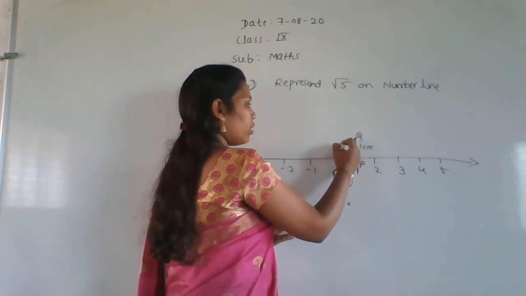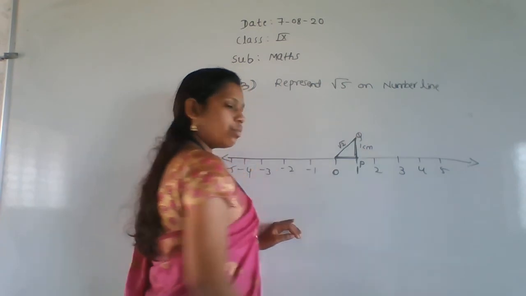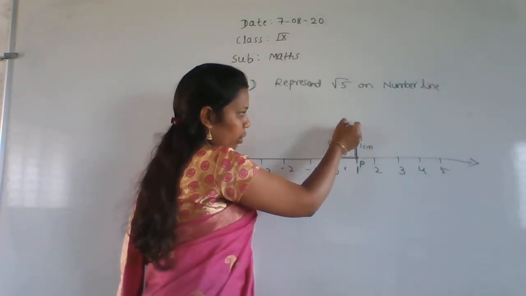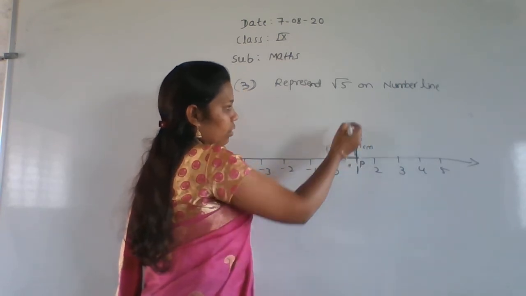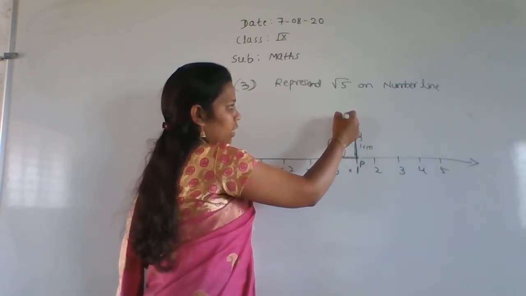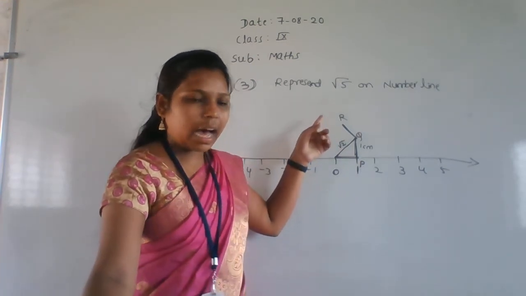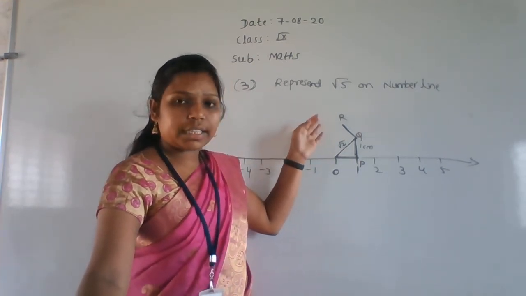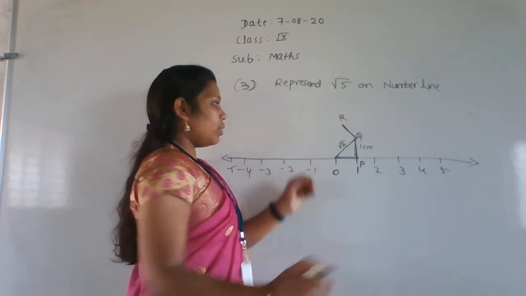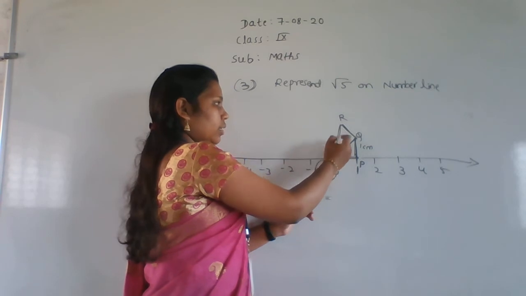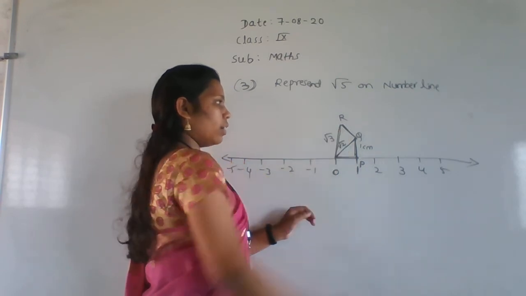OQ is nothing but what here? Root 2. Okay. So next again take 1 centimeter that is perpendicular to this. That one is represented as R. If you want to give other letters you can give. Next join this OR. That is root 3. Okay.